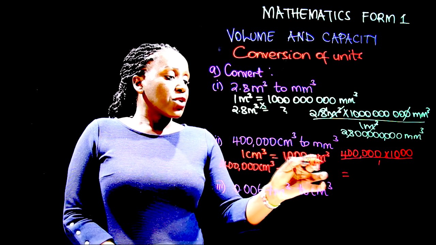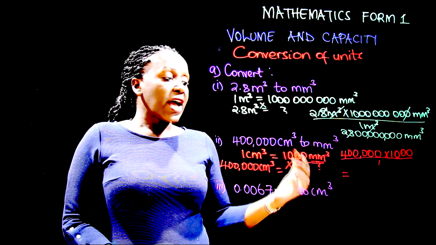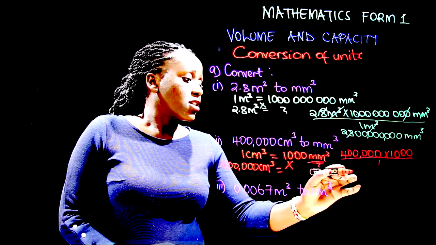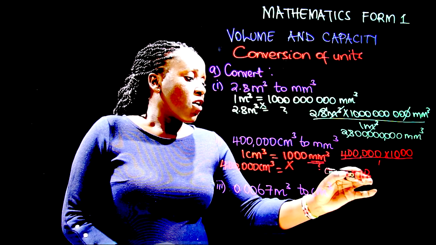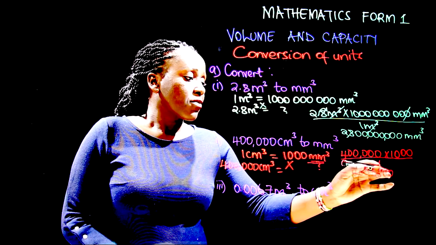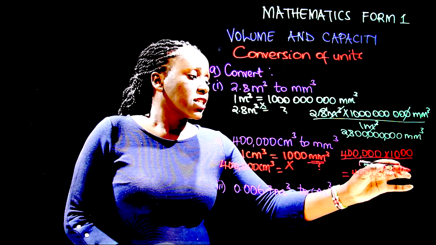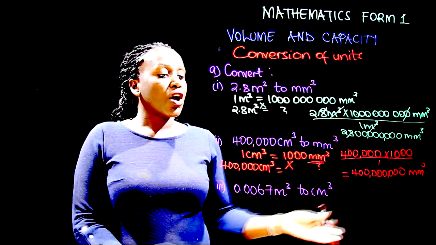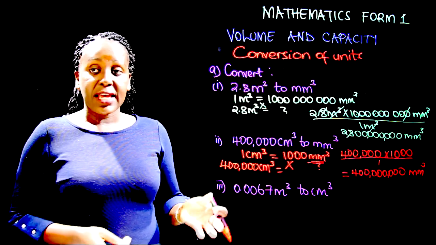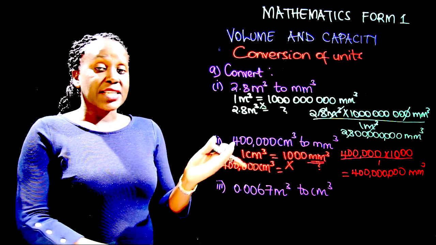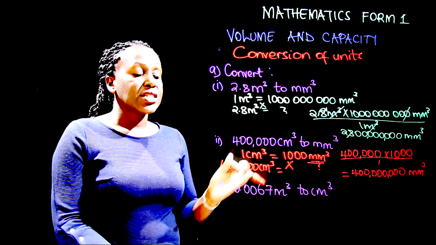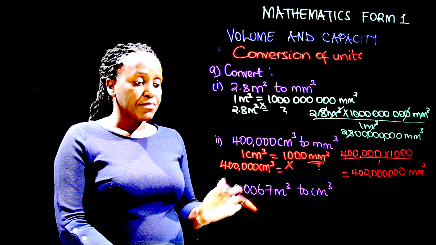Now remember, we are looking for millimeters cubed, so our final answer must be in millimeters cubed. When you multiply this, you will obtain 400 million. Do not forget the units, millimeters cubed. Now we can comfortably say that 400,000 centimeters cubed is equal to 400 million millimeters cubed.